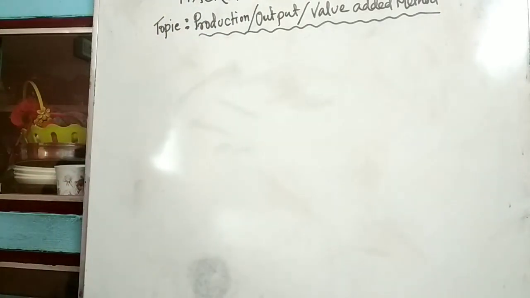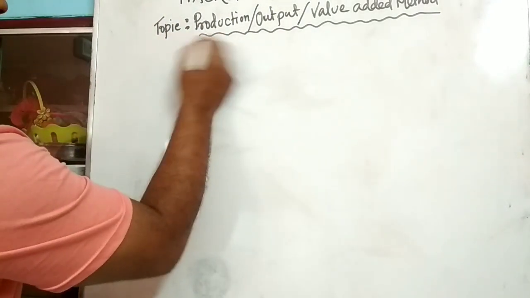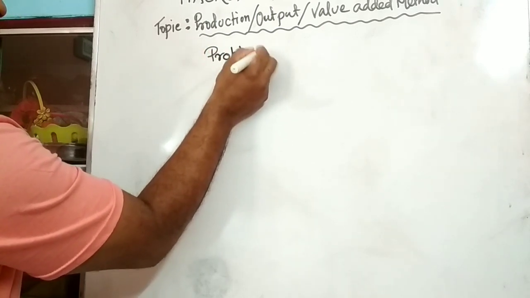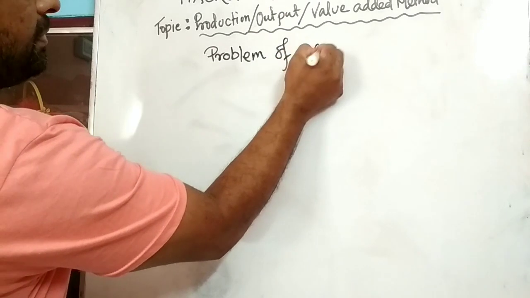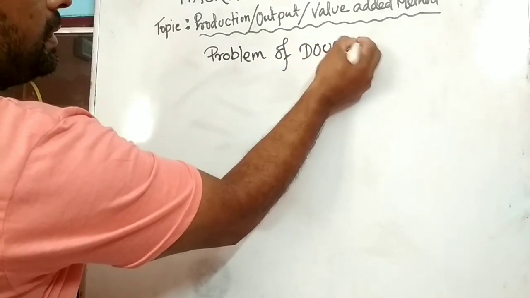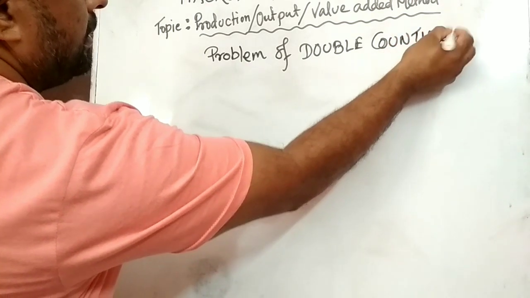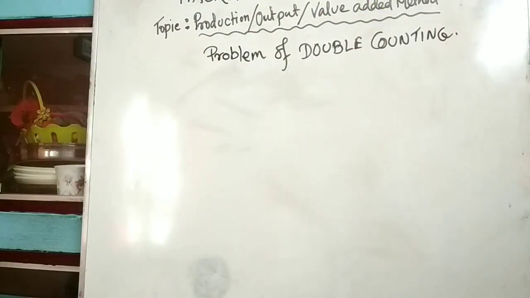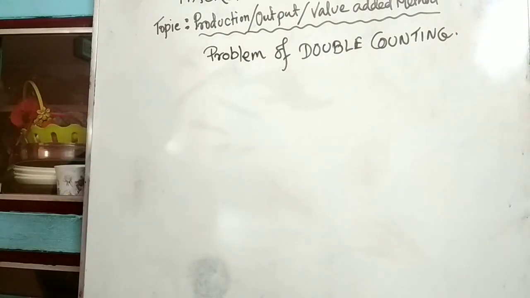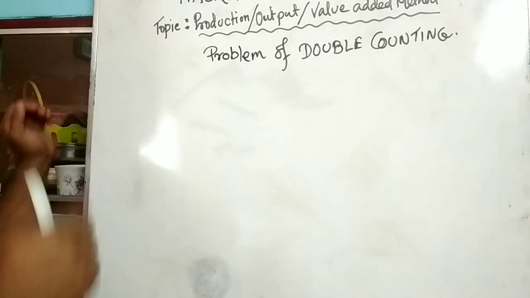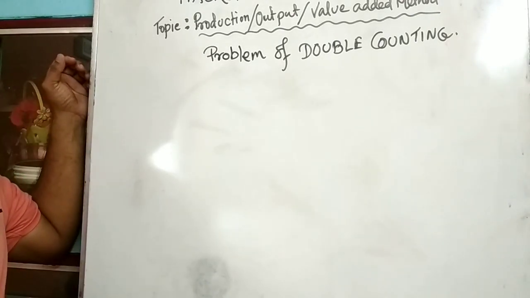The next important part of this topic is double counting, the problem of double counting. Double counting means that if we calculate the value of the same product more than once, it is treated as double counting.